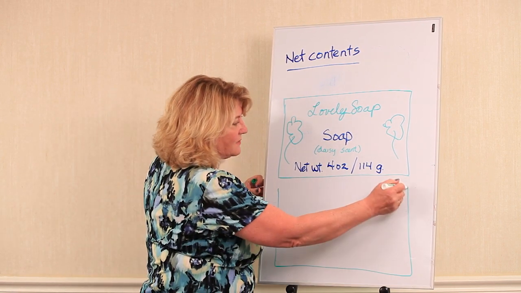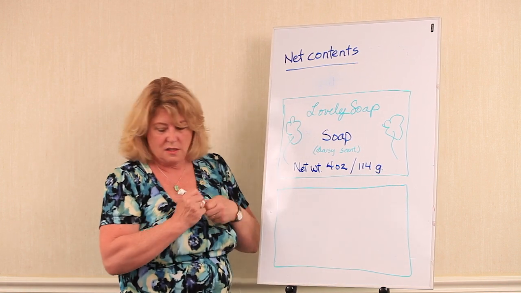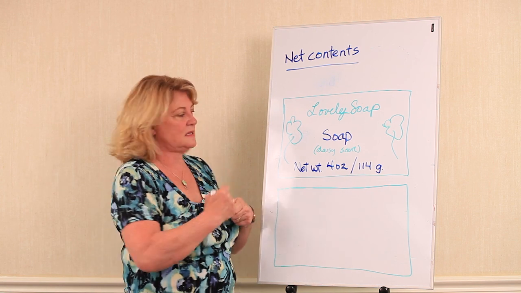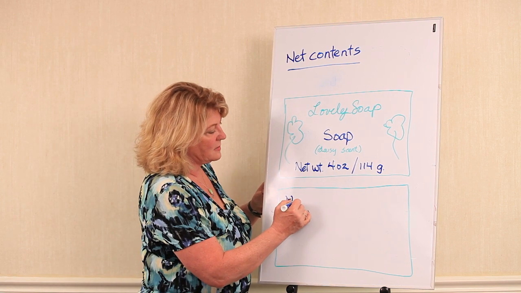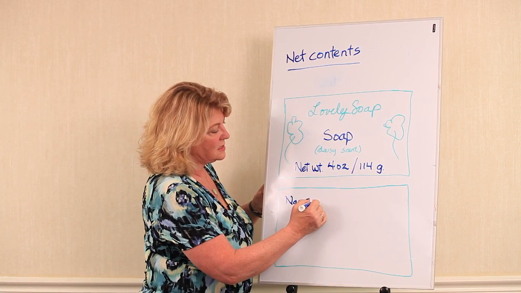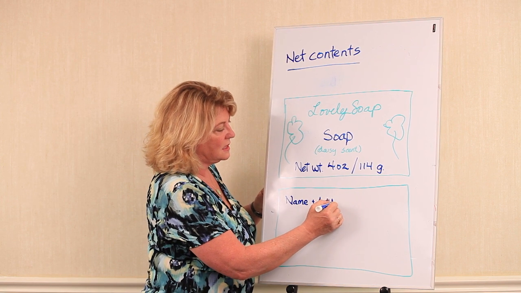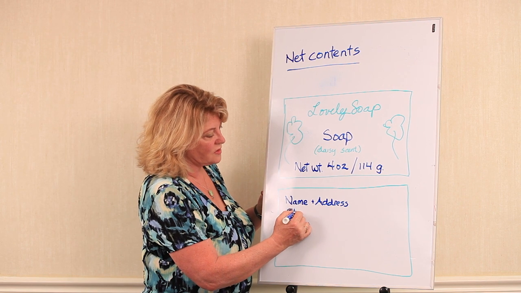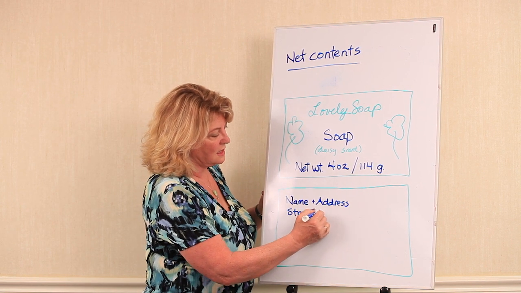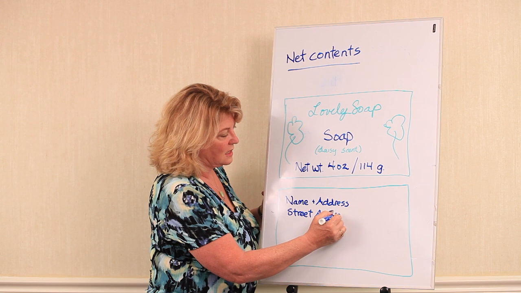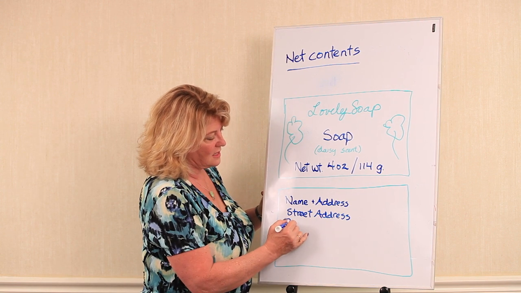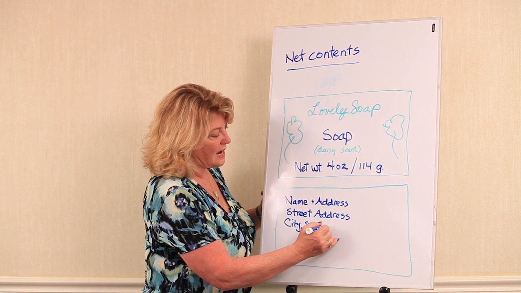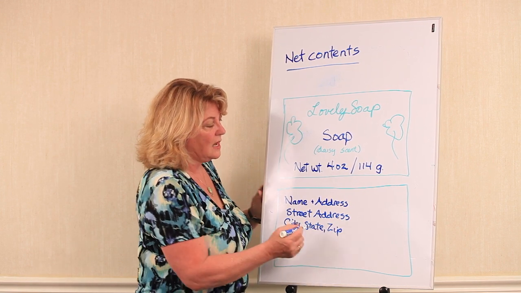So on the back of your soap, somewhere, you need to put who the responsible party is. And that includes the name and address. So you're going to have the name, you're going to have the street address, and the city, state, and zip code.